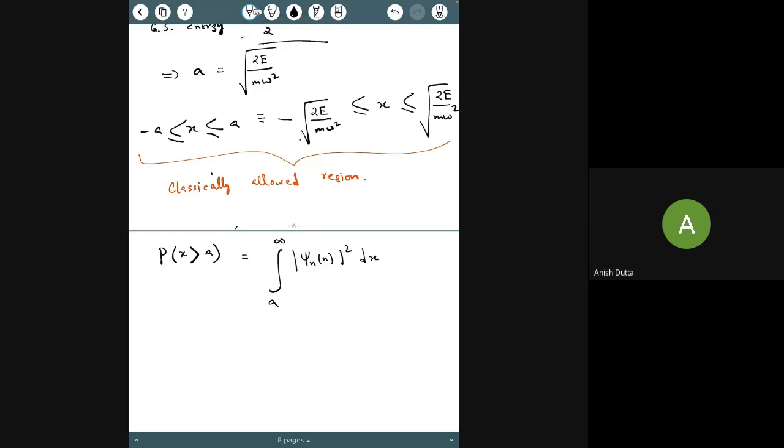We can do actually only one side if you like. And then when you evaluate this, you will get some sort of finite value. If I put in the wave function for the first state, so let's say A to infinity, I can say psi 0 maybe.